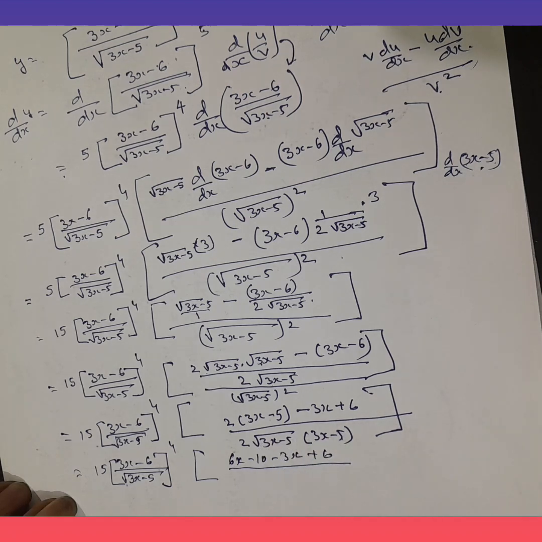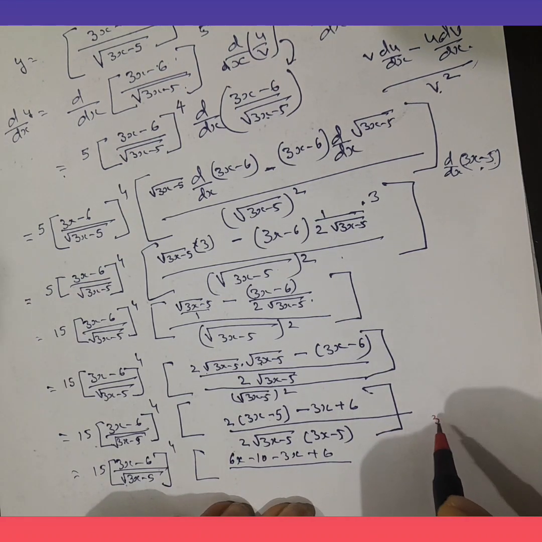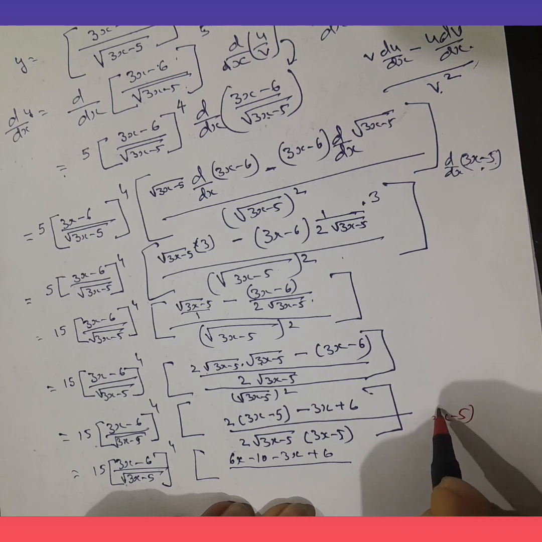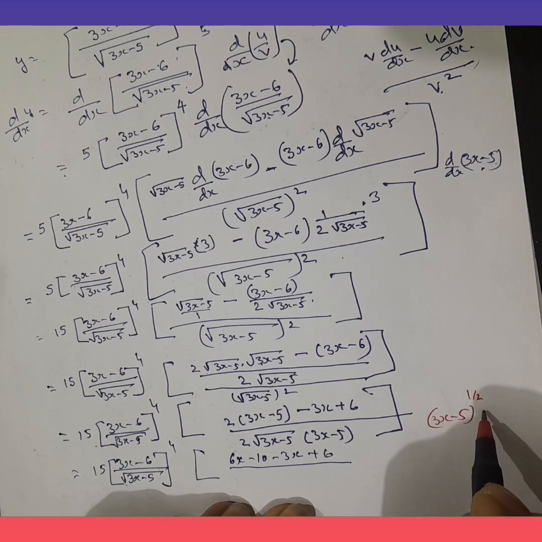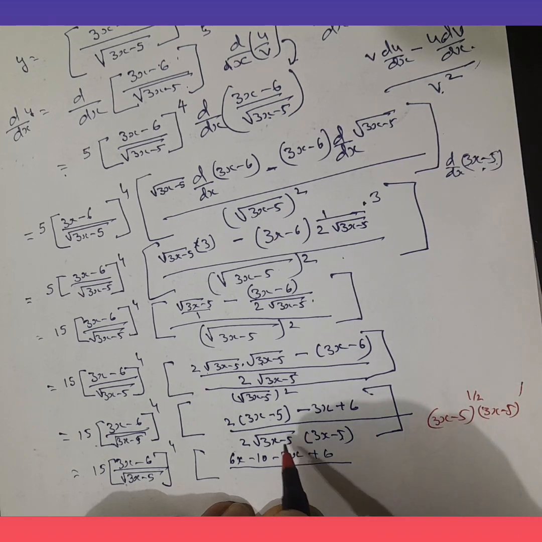So if I try to show it separately, it would be 3x minus 5 raised to half into 3x minus 5 raised to 1. That is this and this.